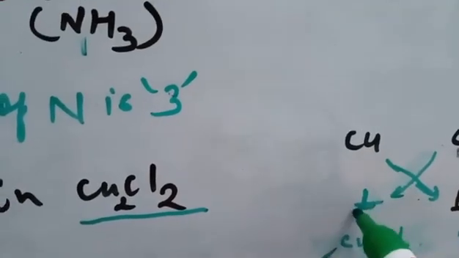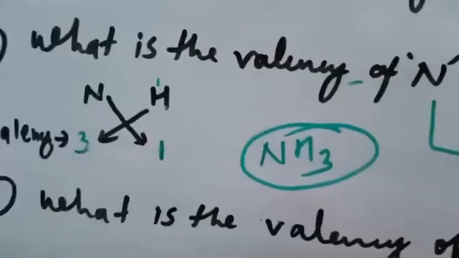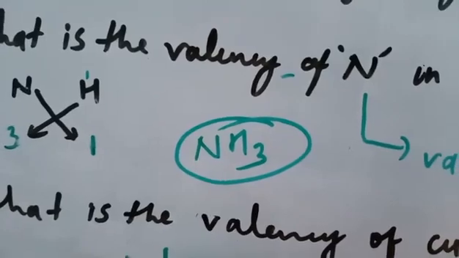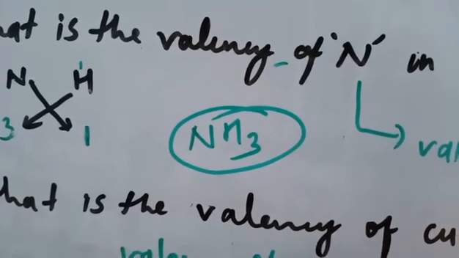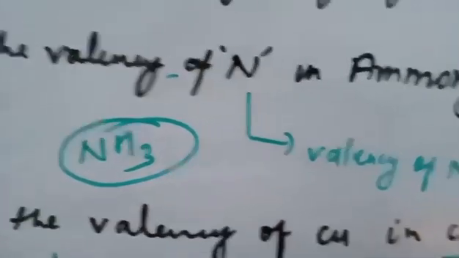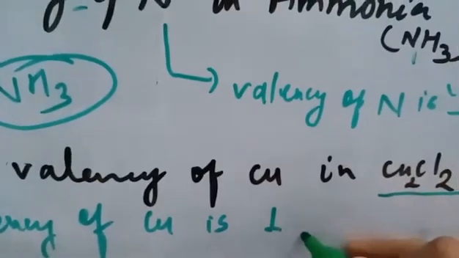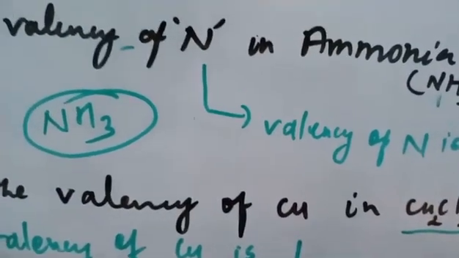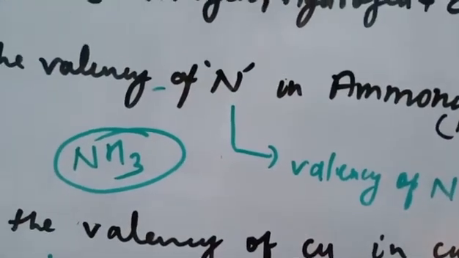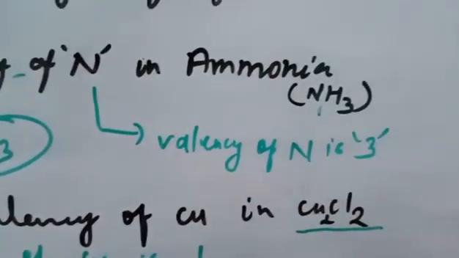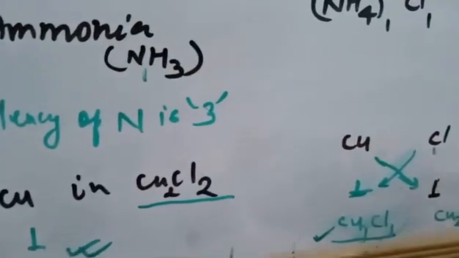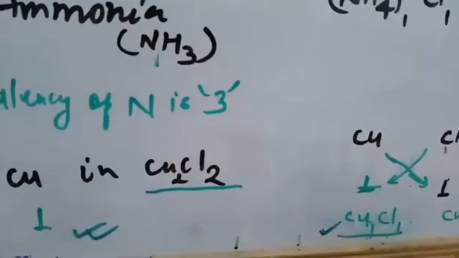So the copper valency we have got is 1. So here the valency of copper is 1. So this is the right answer. Most of you have written 2 also. Just correct it. Just follow this method only, and you can solve the answers. Thank you.